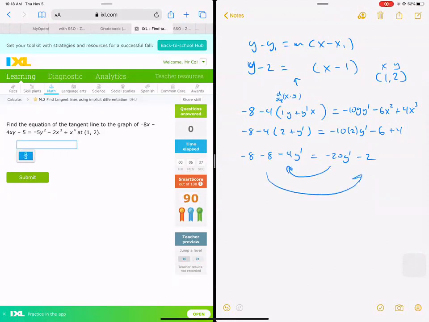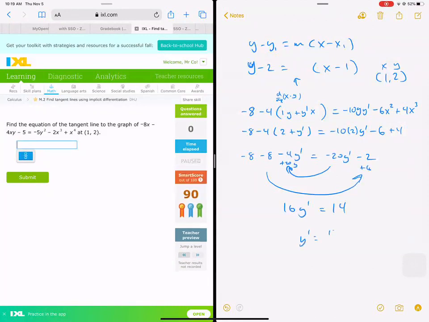So negative 16 becomes a positive 16 minus 2 is 14, equals combining negative 20, which becomes a positive 20, that's positive 16y prime. I think I did that right. So y prime is equal to 14 over 16, which is 7 over 8 reduced. 7 over 8.